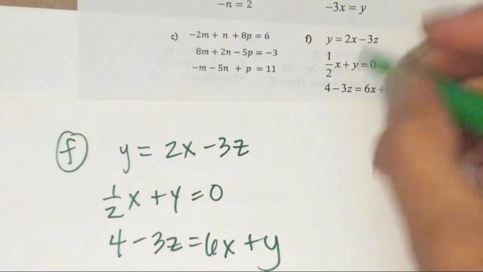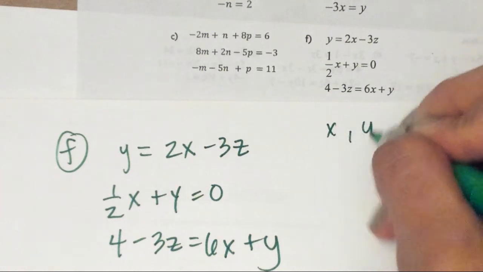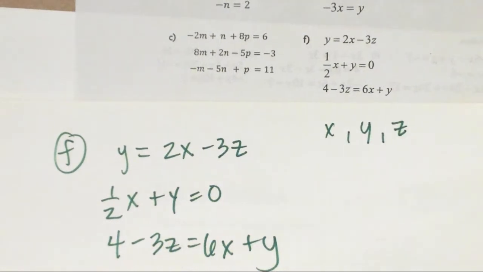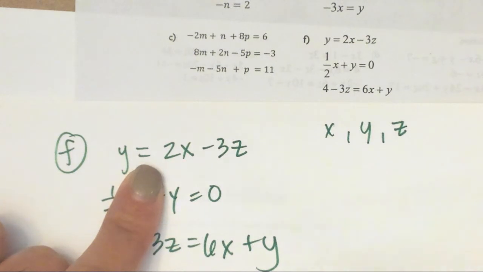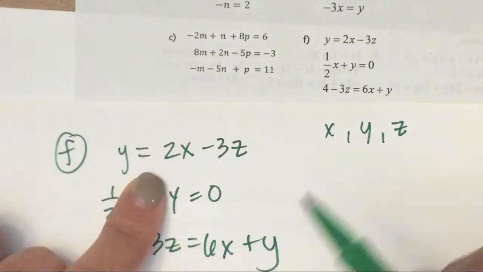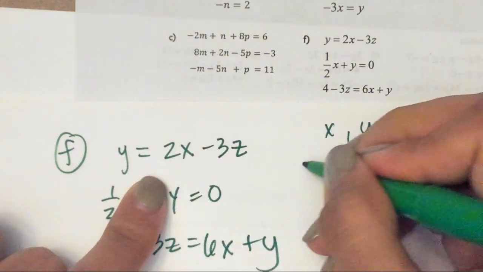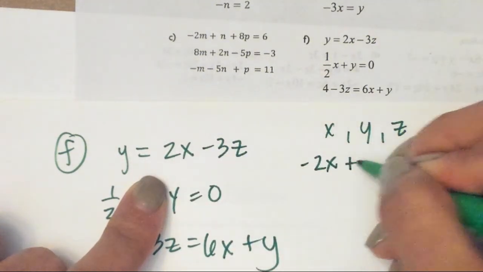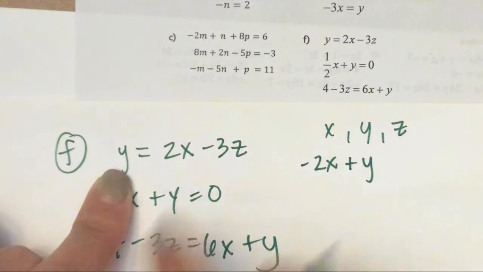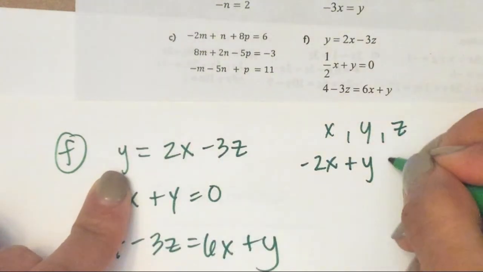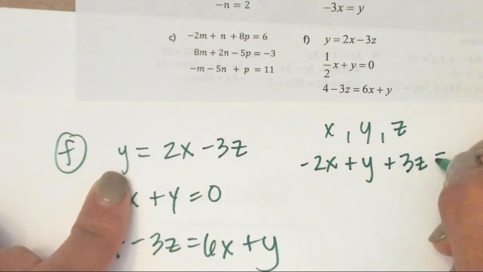Alright, so I want to list them x, then y, then z. Keep in alphabetical order, that'll just help make things a lot easier. So for this first equation right here, I'm going to move everything over, so I get -2x. My y is already on this side, and then I'm going to move my z over, so I get plus 3z equals 0.